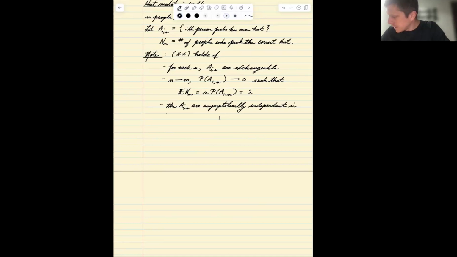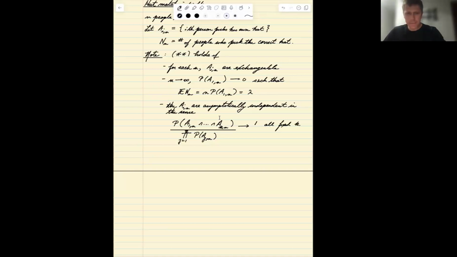in the sense that if you were to consider the probability of the intersection, how does that behave relative to the product of the probabilities? Then that converges to 1 for all fixed k. Okay.